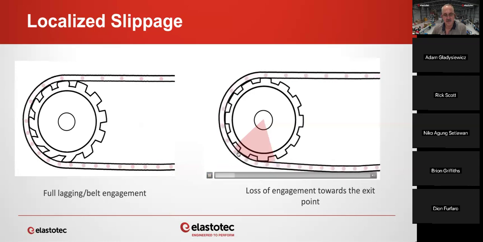Localized slippage occurs just in the section prior to the belt leaving the lagging, and it's due to differences in the retraction. The belt, as it goes from T1 to T2, retracts, and when the lagging can't retract at the same speed, you get what we call localized slippage.